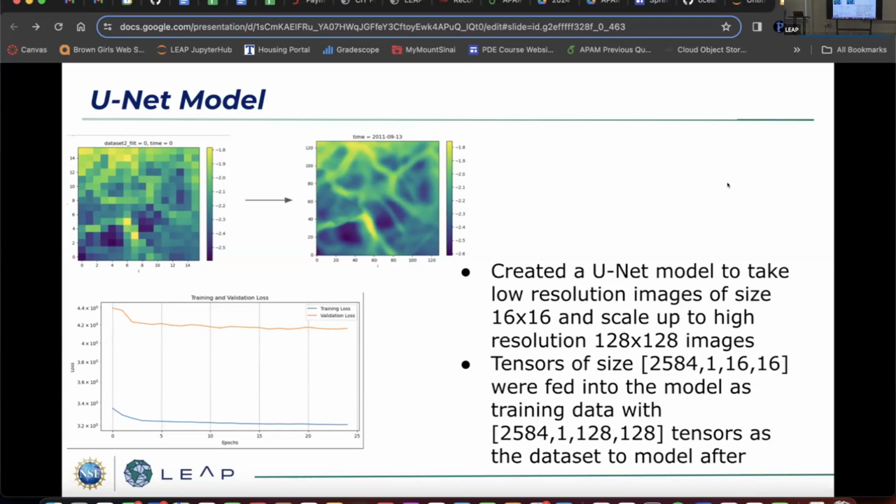So this one isn't a model generated image, but essentially we ended up using the model, and we were still working on it by the end. This is just a little graph of the training loss and validation loss over time.